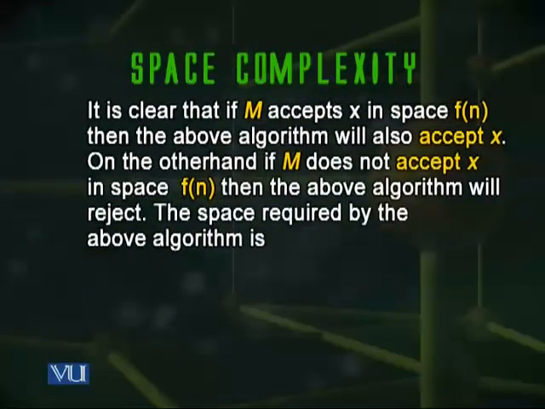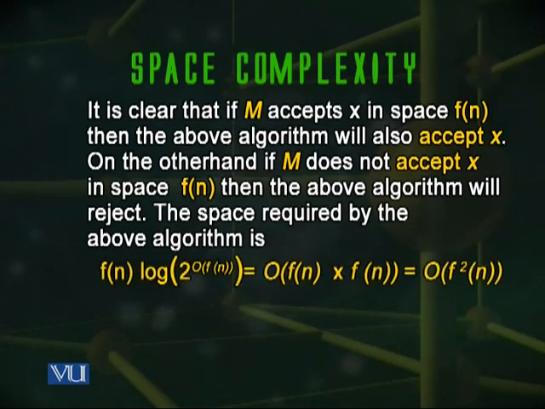It is clear that if M accepts x in space f of n, then the above algorithm will also accept x. On the other hand, if M does not accept x in space f of n, then the above algorithm will reject. The space requirement of the above algorithm is f of n times the depth of the recursion, which is log of 2 to the order f of n, which turns out to be conveniently order f of n times f of n, which is order f squared of n.